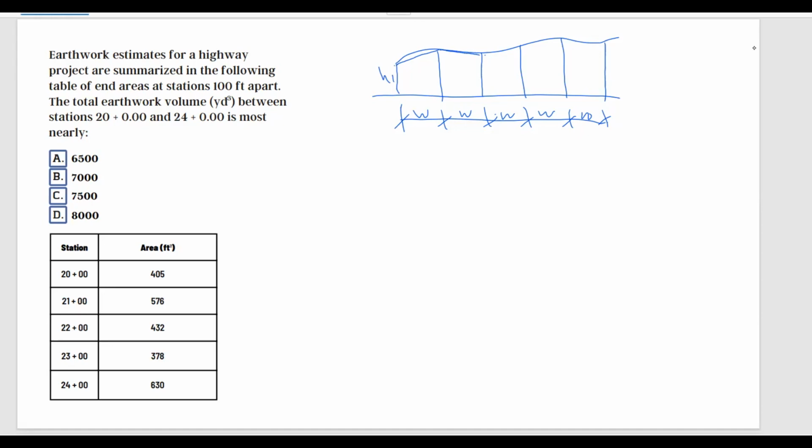Now, in our case, we have to calculate the volume. Imagine instead of a height, we actually have, let me draw this in 3D somehow.